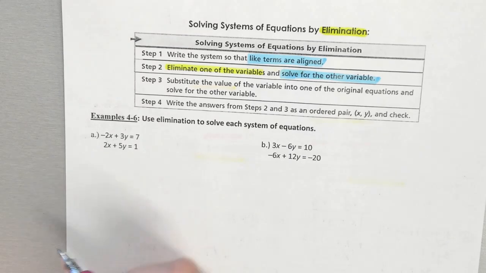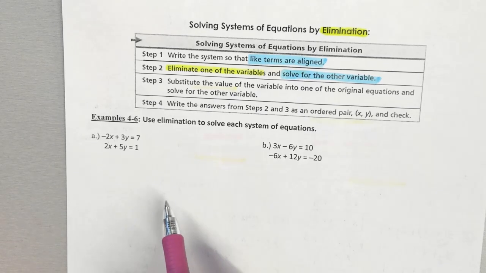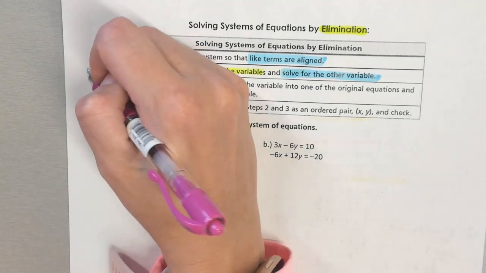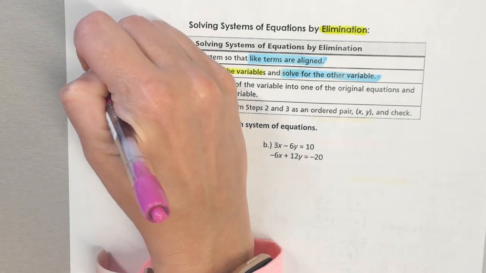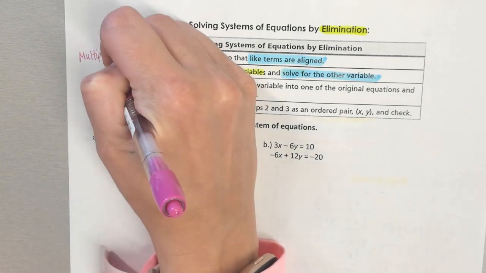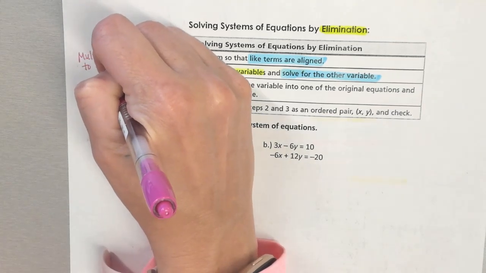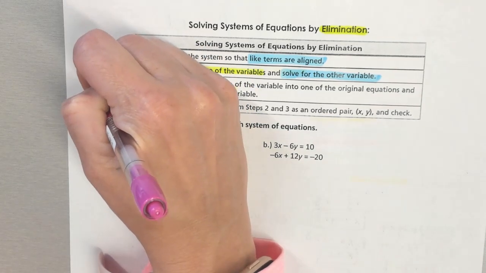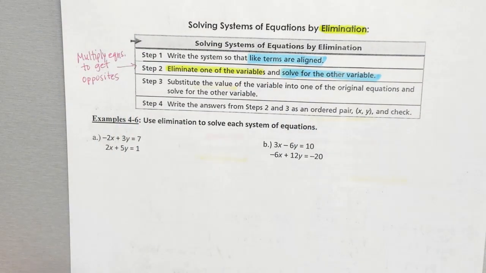Because you have two equations, they'll be opposites, but they're not always going to be given to you that way. So what you can do is multiply equations to get opposites. Opposites are the same number but different signs.